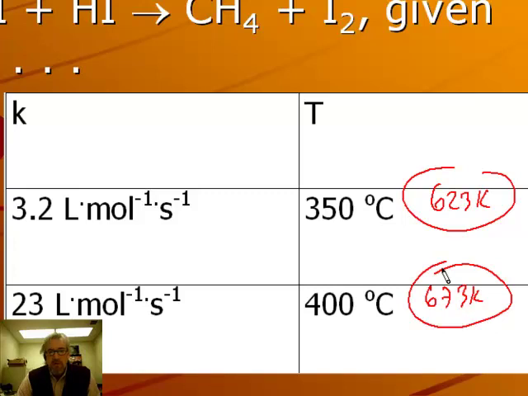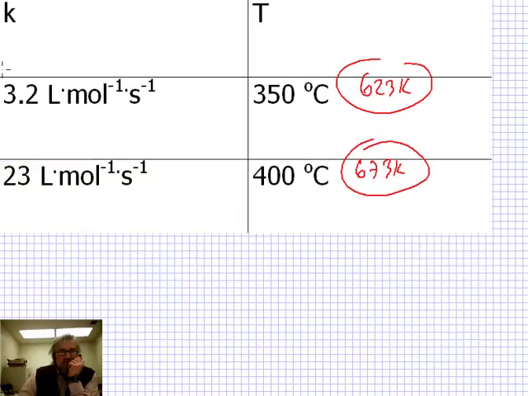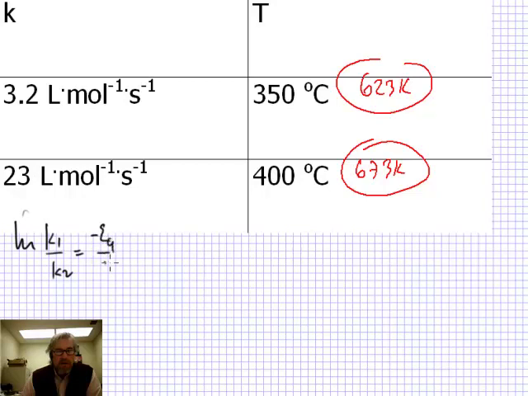Let's get to a different workspace and practice this. So here's our basic Arrhenius equation. Natural log of k1 over k2 is equal to minus Ea over R times T2 minus T1 over T1 times T2. What we're trying to find here is Ea. That's our goal. So let's solve for Ea.